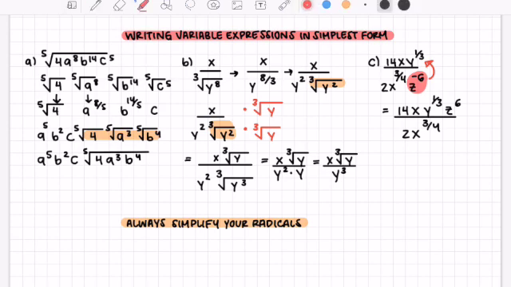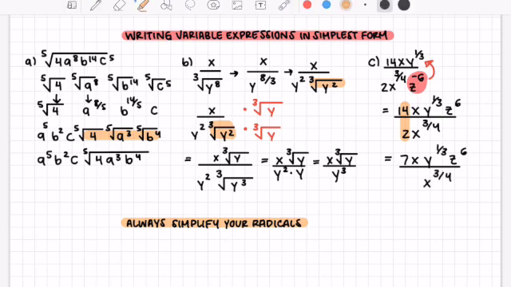I could combine my 14 over 2. So I'll do that first. 14 divided by 2, that gives me 7 times x times y to the power of 1 over 3 and z to the power 6. On the bottom, I still have x to the power 3 over 4.